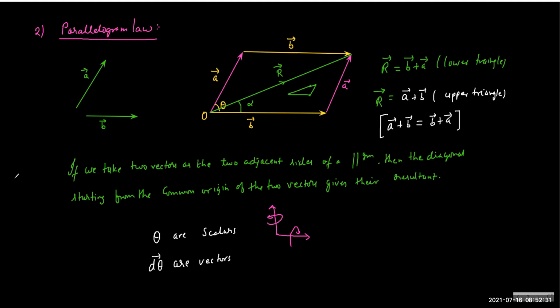I have rotated twice, but in a different order, and the final orientation of the book turns out to be different. Which means it is not following the commutative law. And that is why the finite angle theta is put under the category of scalar. That's the reason behind the scalar classification.